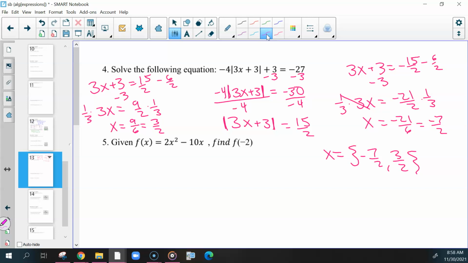Right. For the last one, it says find f of negative 2. So this is your x value. We're going to put that in for all of our x values and figure out what our y is. So this would be 2 times 4 plus 20.